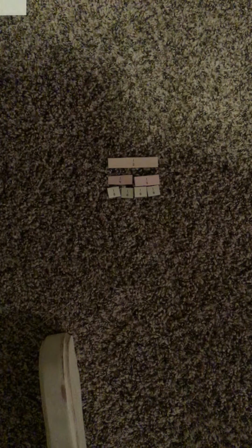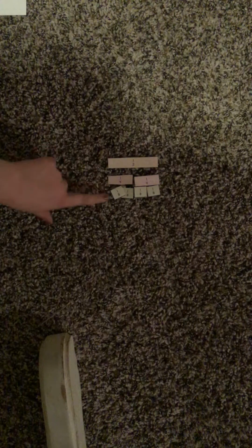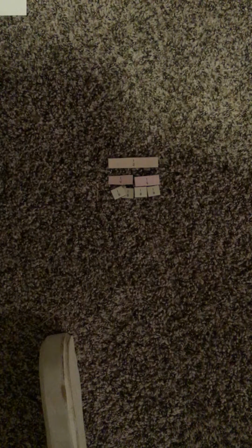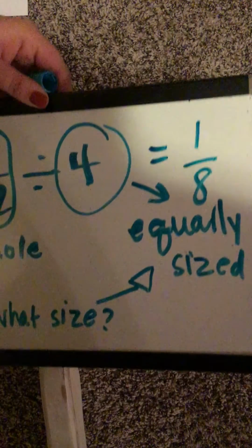So this is just another way that this is showing me that I can break 1/2 into 4 equal sized groups of 1/8. And remember we were trying to find what size that was? Well, it looks like we got our answer. We got 1/8. Boom.